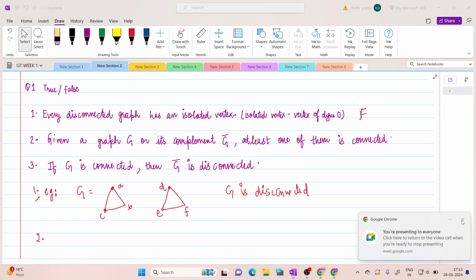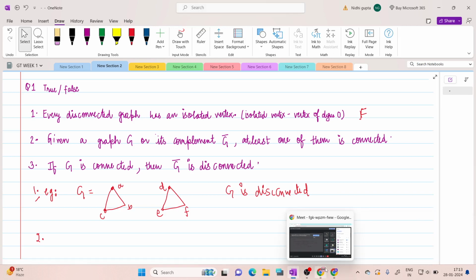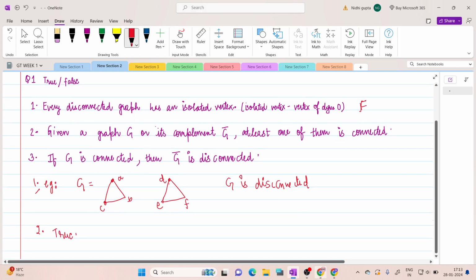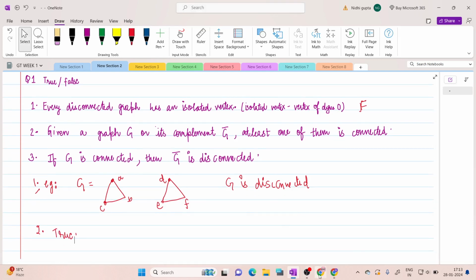So is everyone convinced that the second statement is true? Yes, please give some justification. Given a graph G, we'll prove it by contradiction.